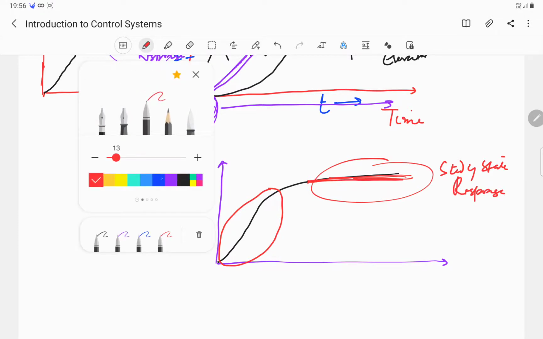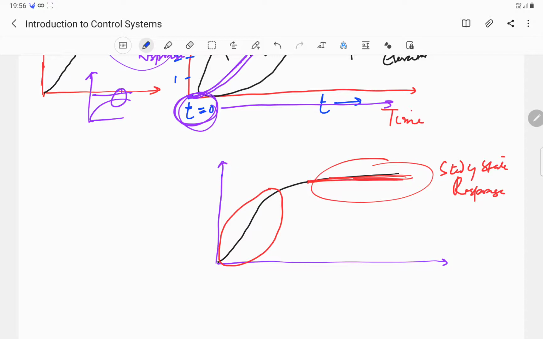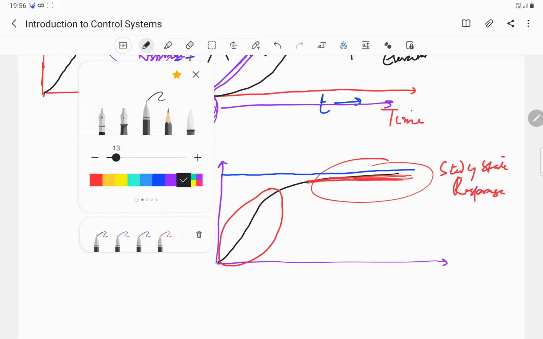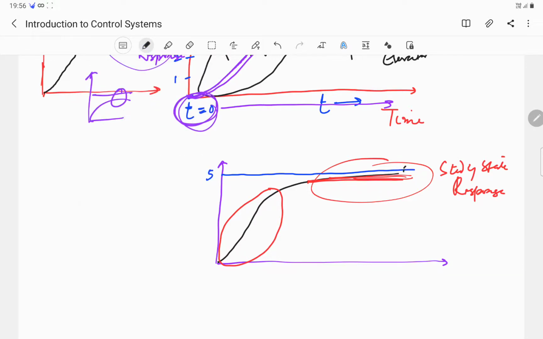The actual input, as I said, is this constant value, in this case 5, and this difference, as I have been saying repeatedly, is the steady state error. In the steady state region, we can say that the final output has been generated.